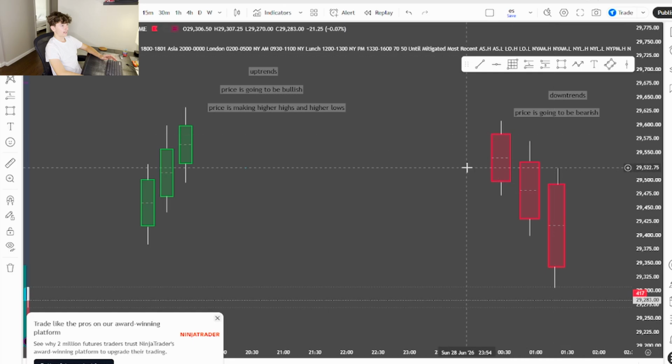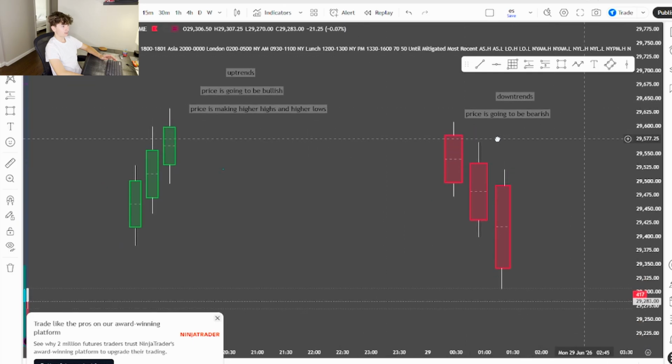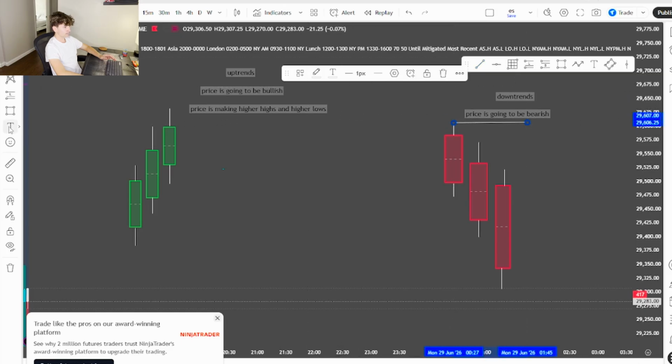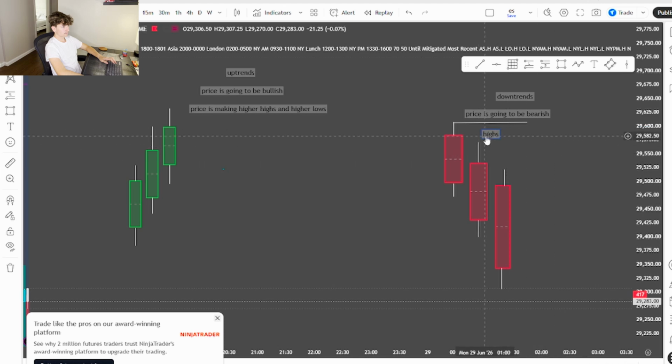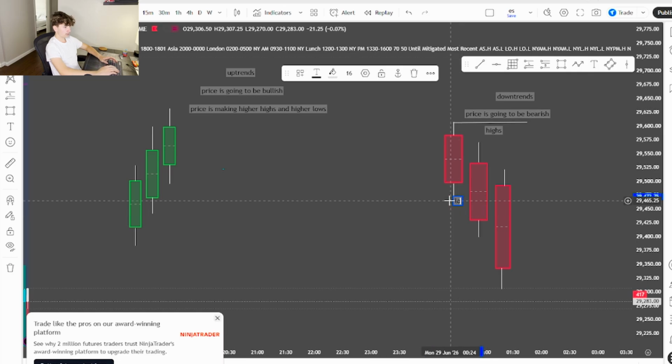So on a bearish downtrend, right, you see price is creating these highs. And then price is also creating these lows.